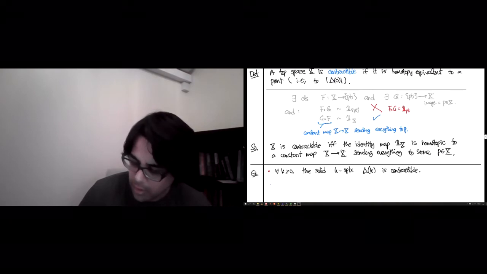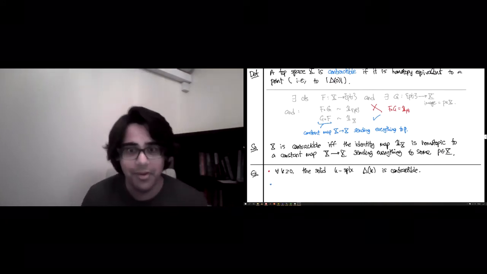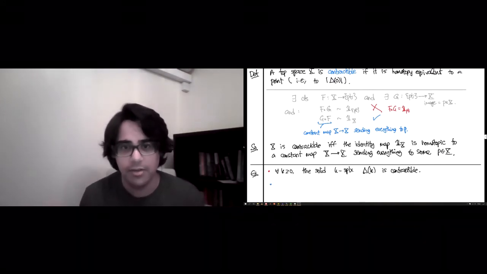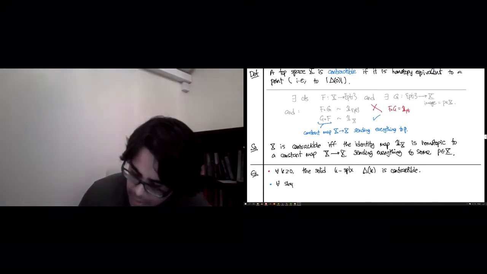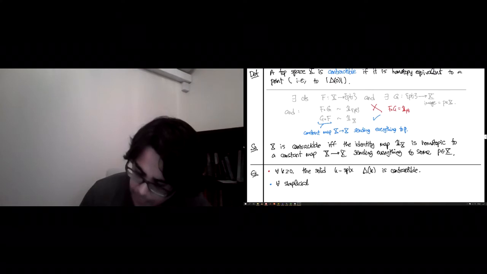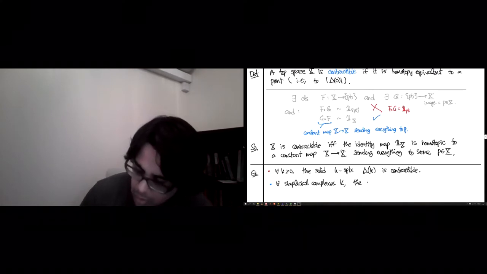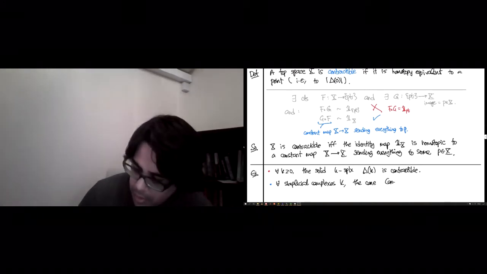Okay, good. Another example, or another family of examples, because this is an infinite family of examples, is for all simplicial complexes K, the cone is contractible.